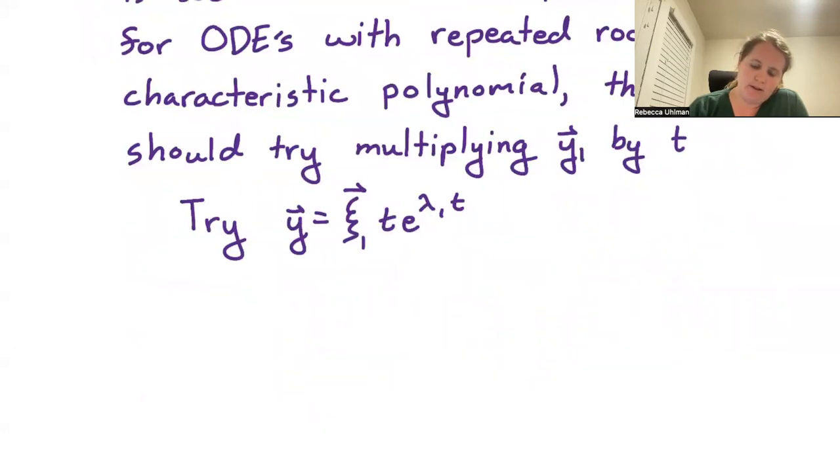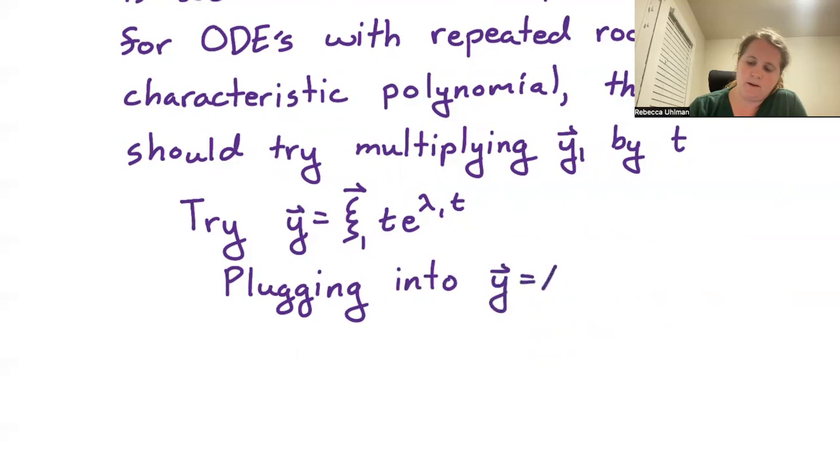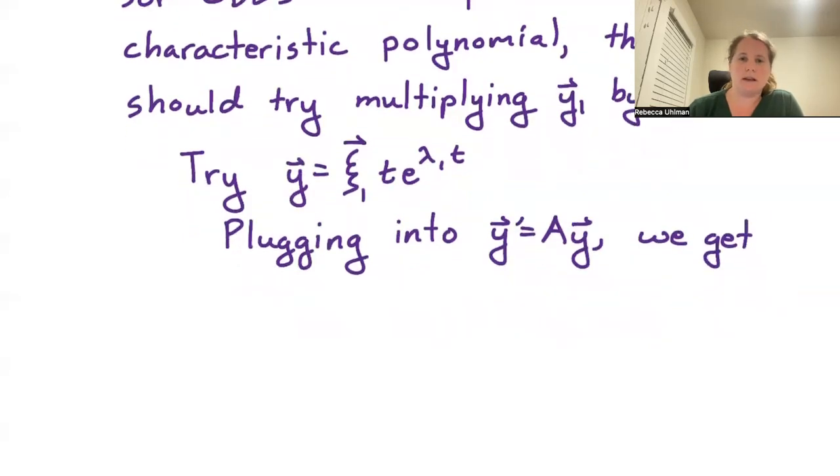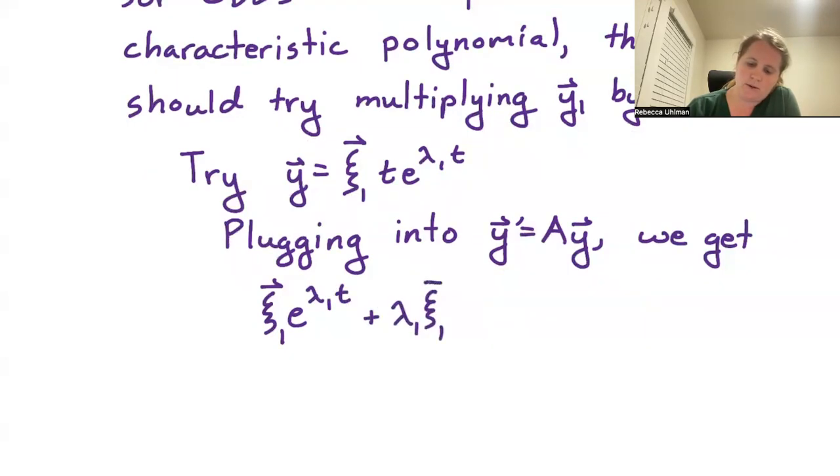Plugging this into the system y prime equals Ay, on the left-hand side, derivative of y, we would have psi1 times e to the lambda 1t from our first part of the product rule, plus lambda 1 times psi1 times t e to the lambda 1t.